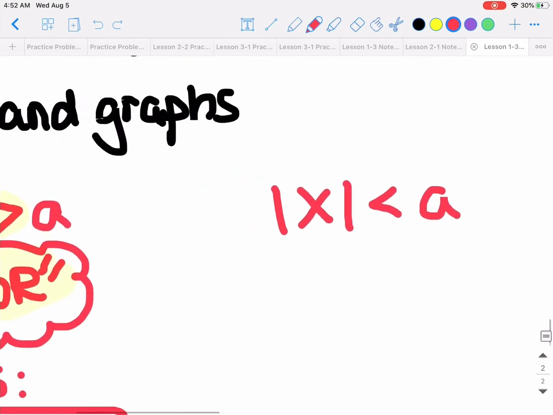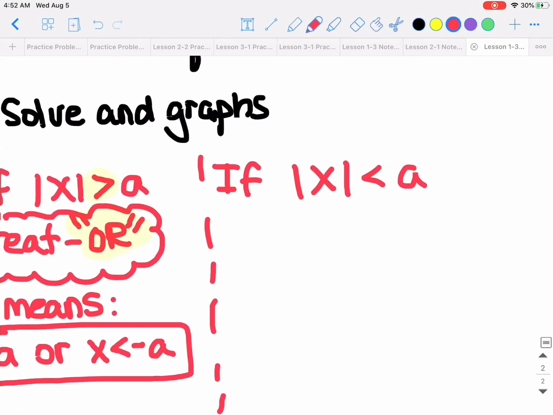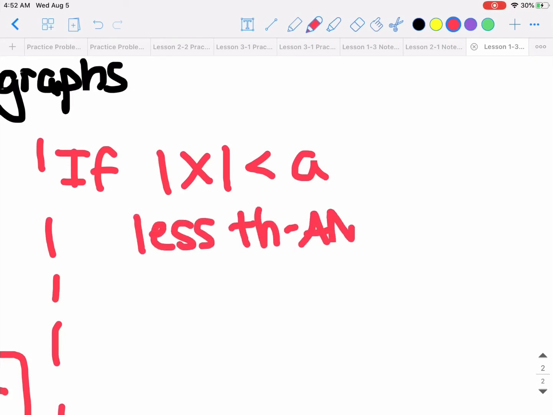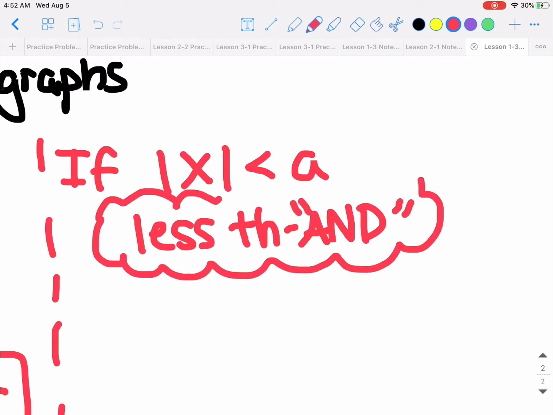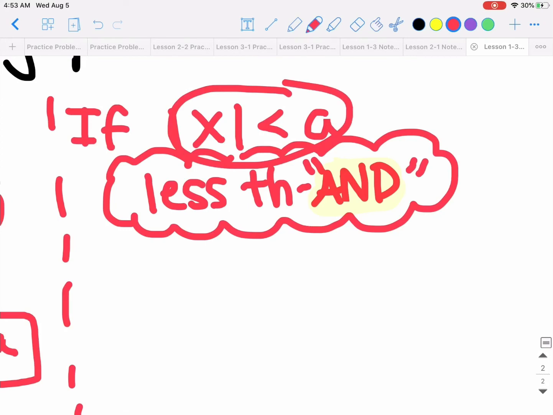All right, the other scenario is if I have the absolute value of x is less than a. The way I'm going to remember the word that goes in between the two inequalities I write is "less than." I'm going to say less than, and that's going to make it easy for me to remember that "and" is the word that goes in between the two inequalities that I write when I have this scenario.